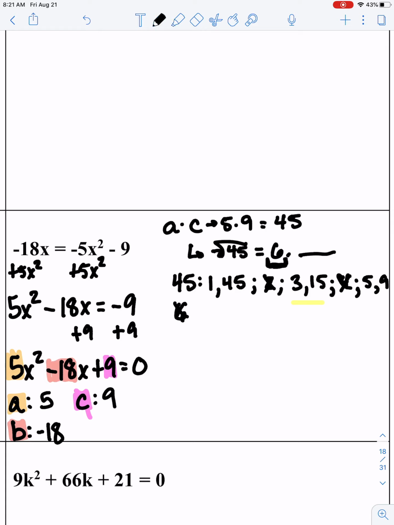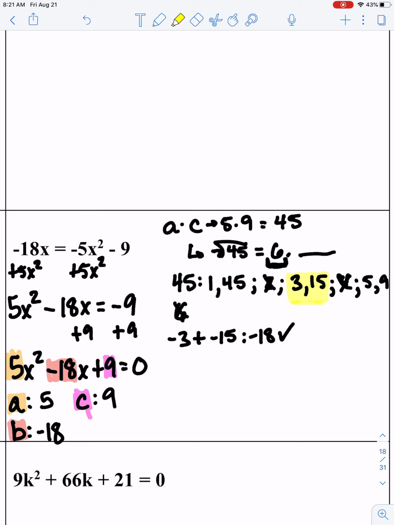So negative 3, and again, it must add. Negative 3 plus negative 15 is negative 18, and that works. Again, the signs do not matter. One factor can be positive, one factor can be negative.